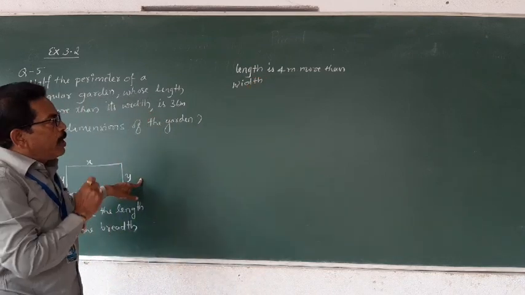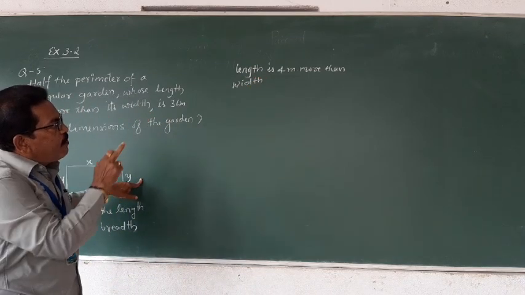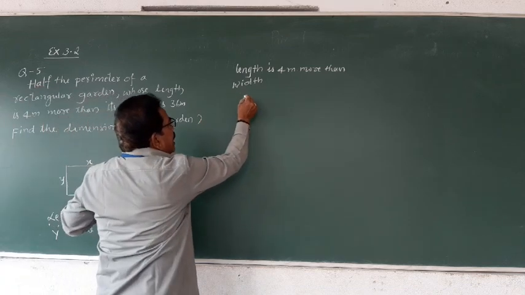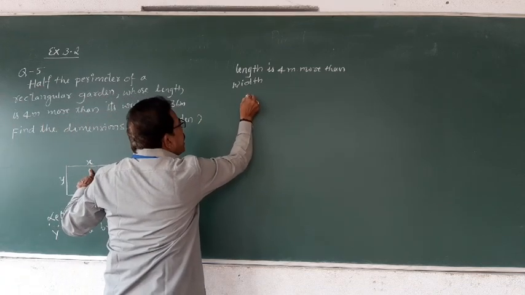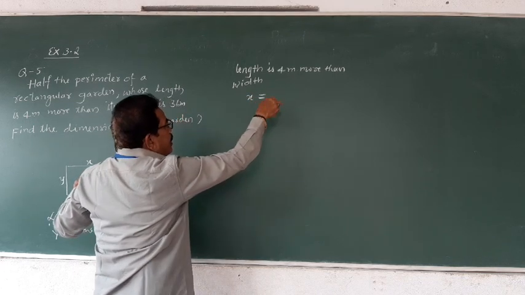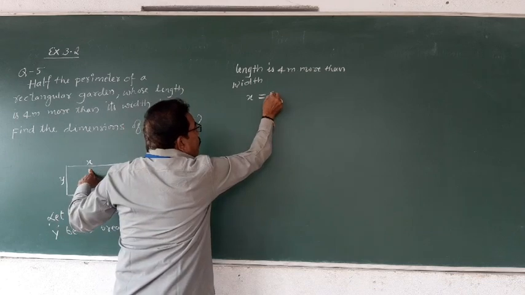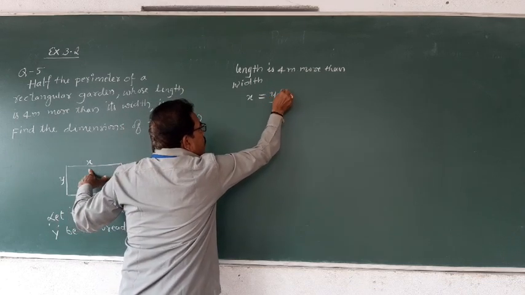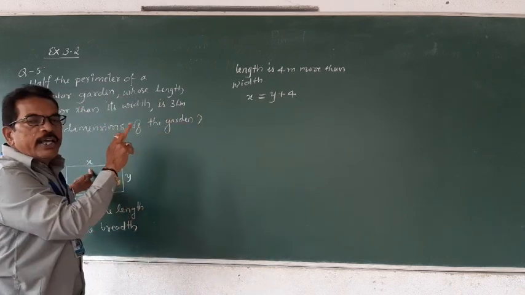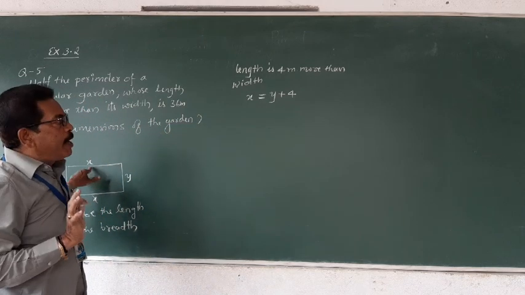So this verbal statement will be written in the form of a mathematical statement. Length is x, what we have considered, that equals 4 meter more than width. Width is y, so plus 4. That is x equals y plus 4.